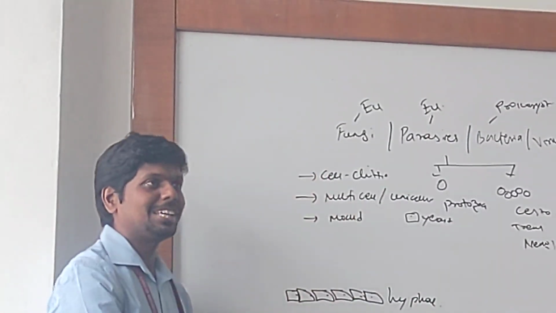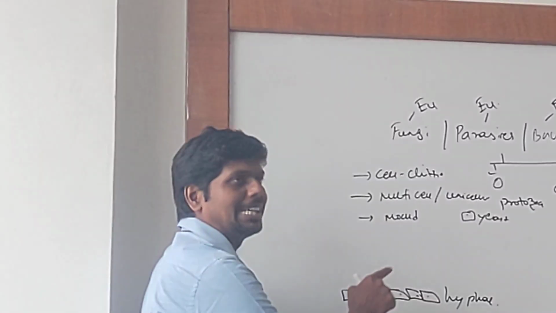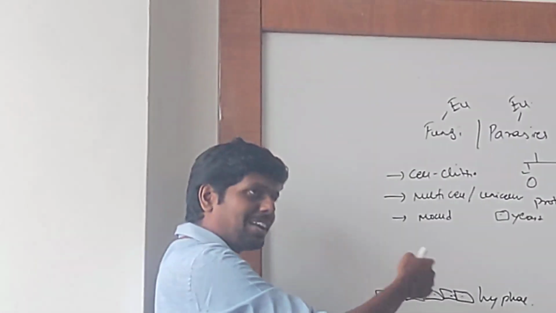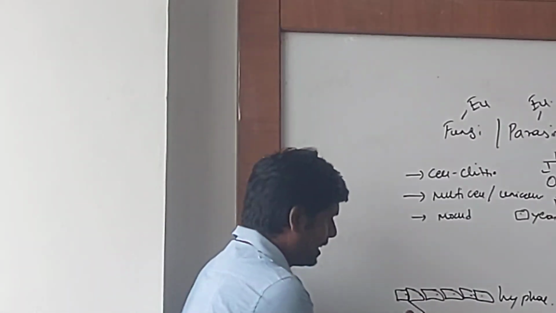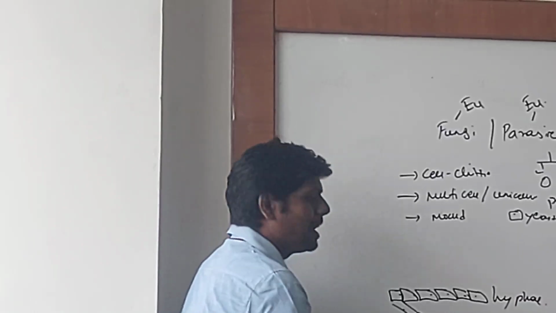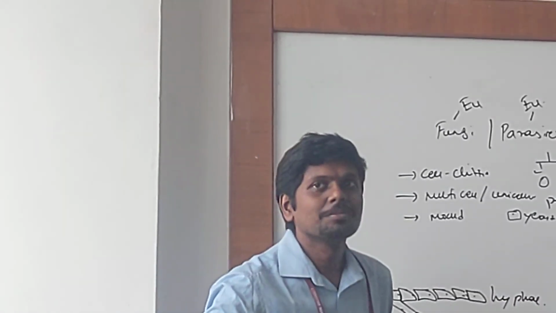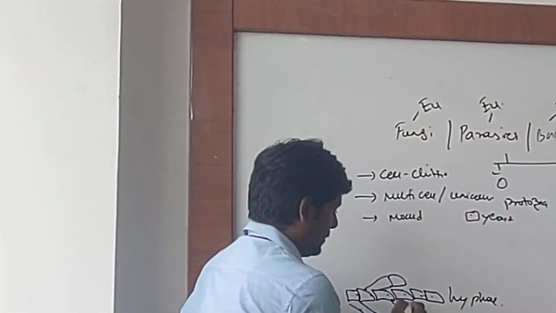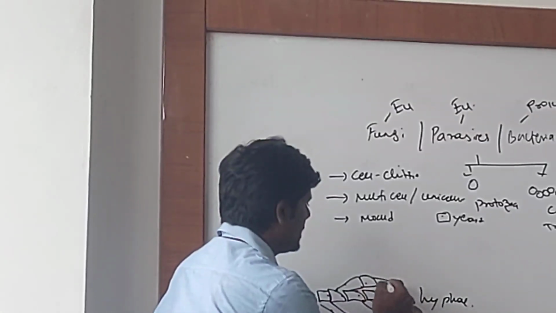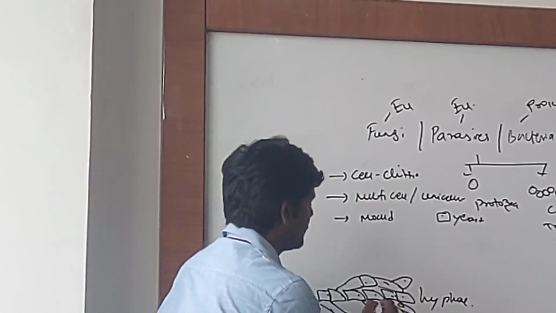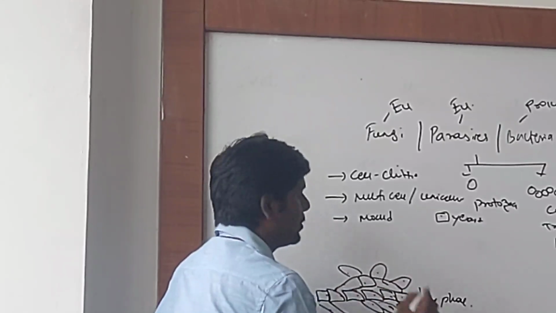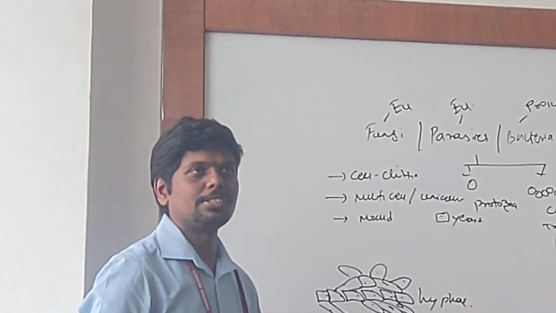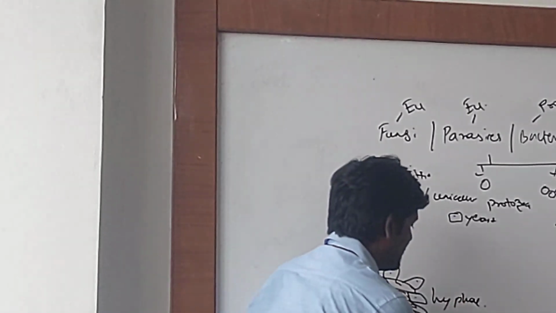Hyphae are of two types, either septated or aseptated, and further, either branched or non-branched. Now, a group of hyphae makes what? Mycelium. Very good. A group of hyphae will make a mycelium.